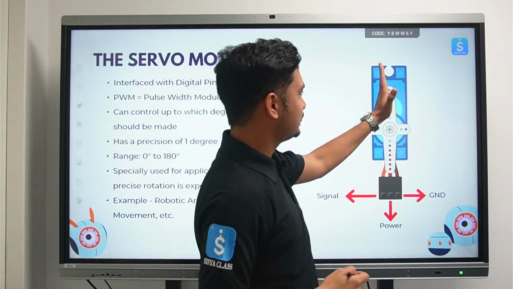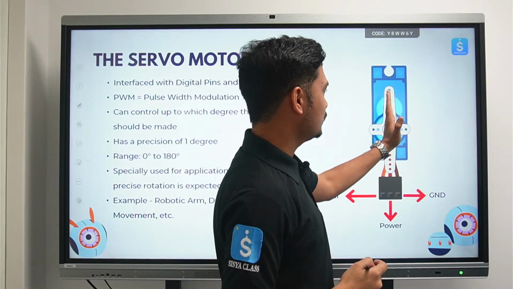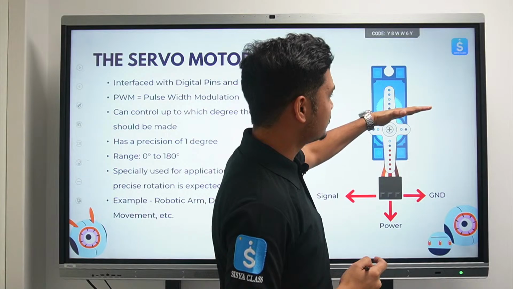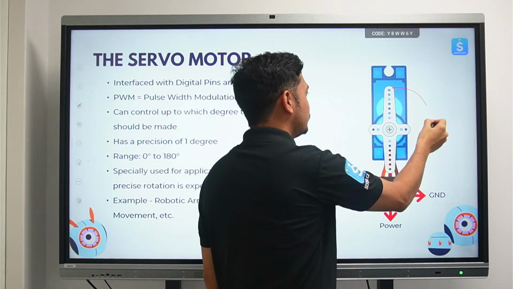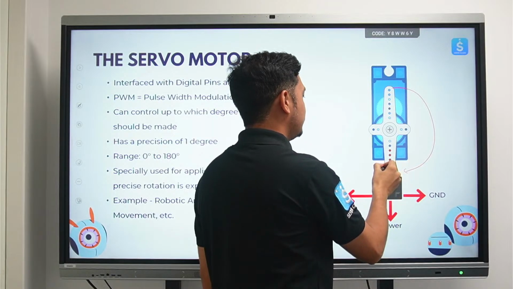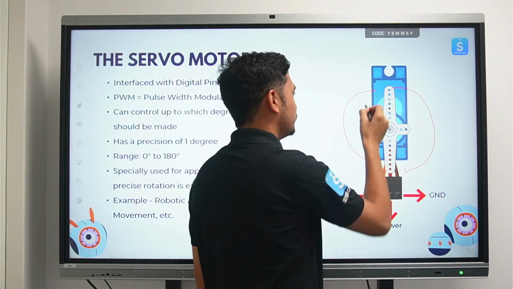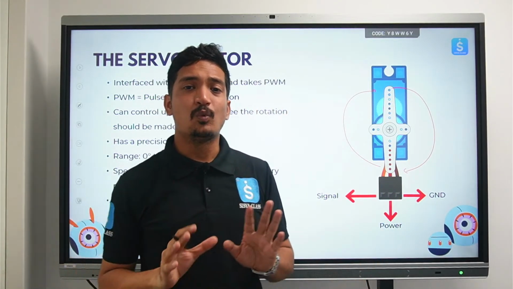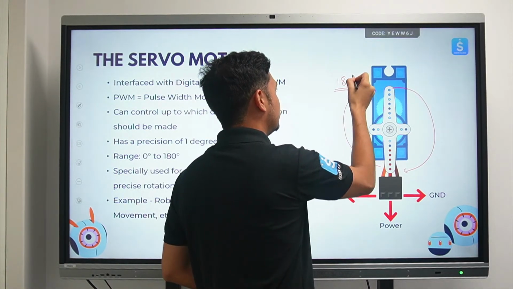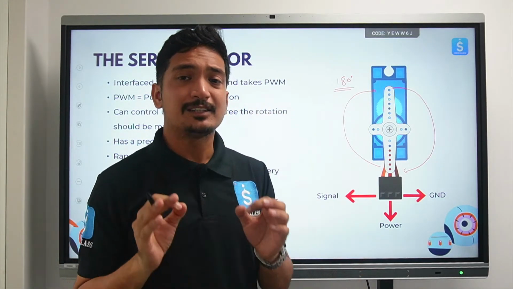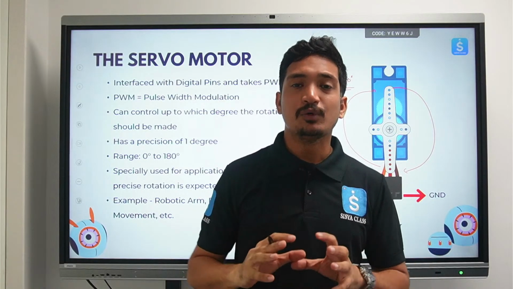So if this is the axle, it will move like this all the way up to here, which means that this portion will come down over here, and this portion will come up over here. Then we'll say that 180 degrees has been completed. It will not be able to move further than that. However, there are special servo motors which can move more.